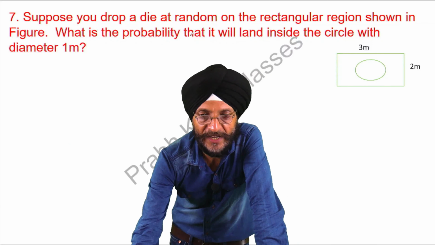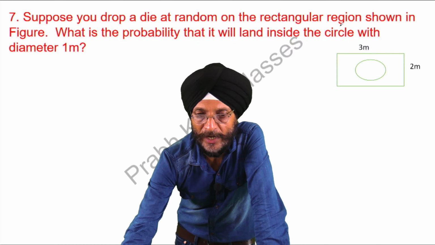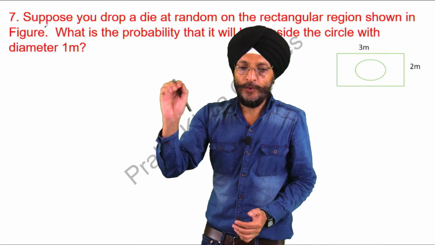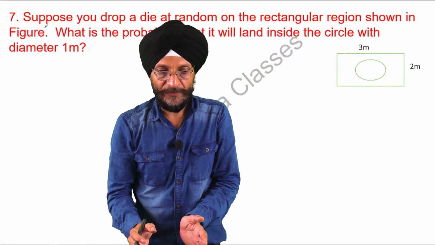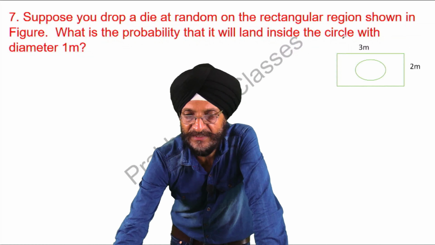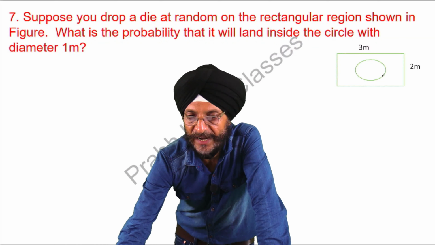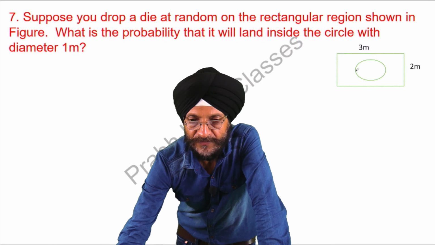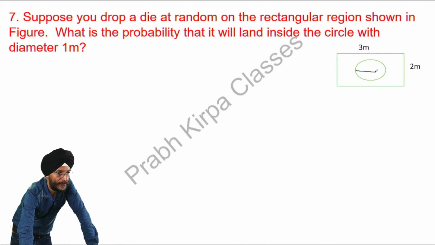Suppose you drop a die at random on the rectangular region shown in the figure. What is the probability that it will land inside the circle with a diameter of 1? Here, from here to here, it is known as the diameter, which is 1 meter.